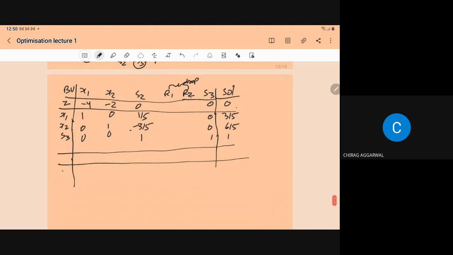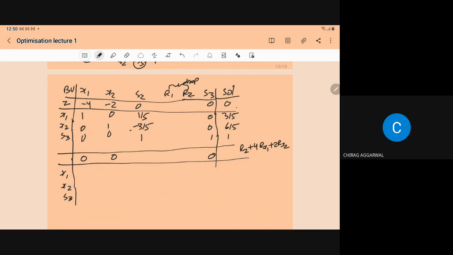Consistent means if x1, x2, s3 are basic variables, these coefficients must be 0. So to make them 0, what we have to do? Row z plus 4 into row of x1. Then to make this 0, plus 1 row of x2. Then it will become 0.